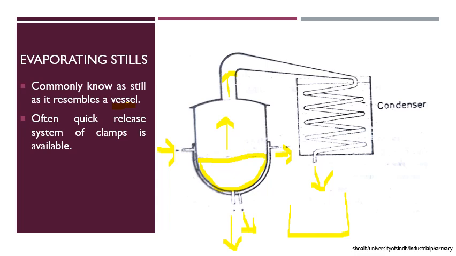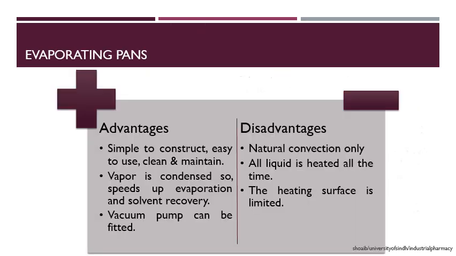Now if we go through its advantages and disadvantages, the first disadvantage is that there is only natural convection. The evaporation will only take place from the surface of the pan. The second main disadvantage is that all the liquid is heated all the time.